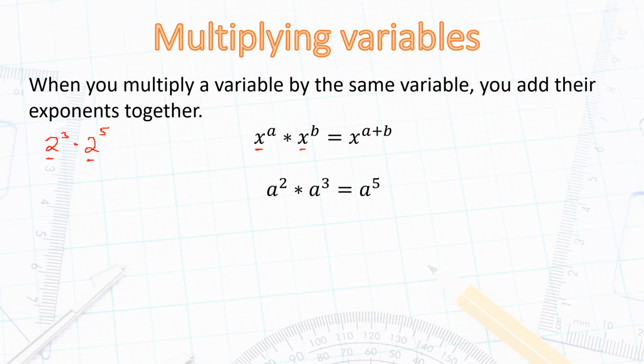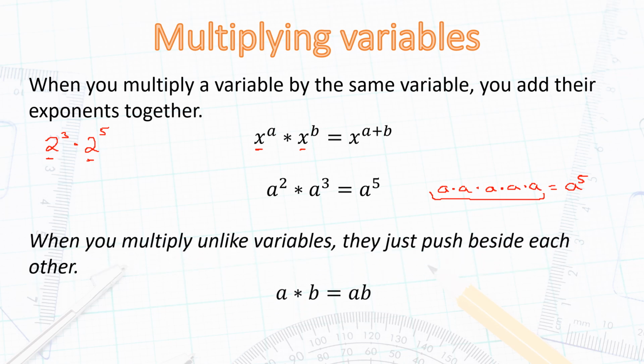The reason being, if we look at this one with a, we've got a squared, which is a times a, and then we're multiplying it by a cubed, a times a times a, which when we simplify that together, that is 5 a's being multiplied, so that is a to the power of 5. So that's where this adding thing is coming from.